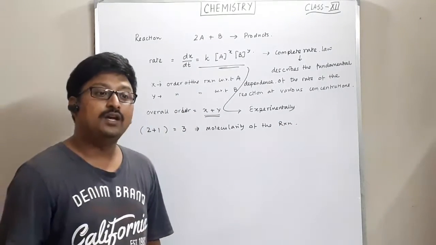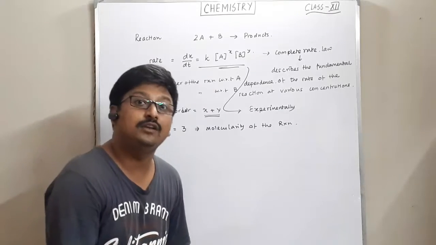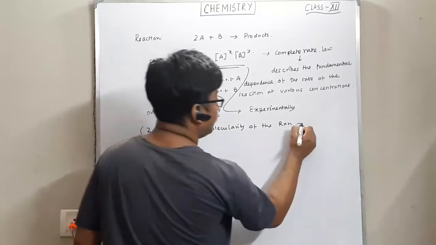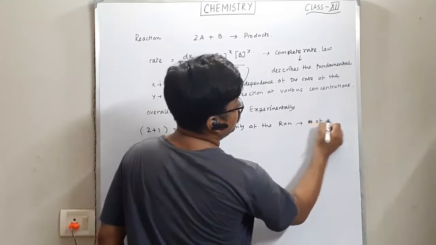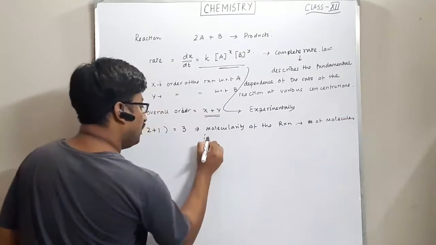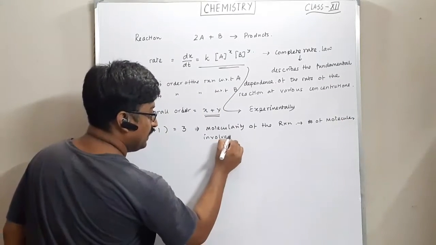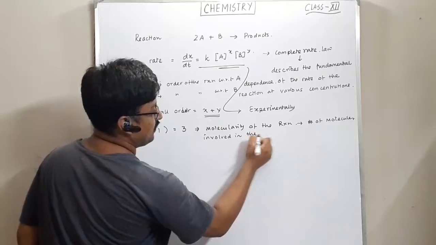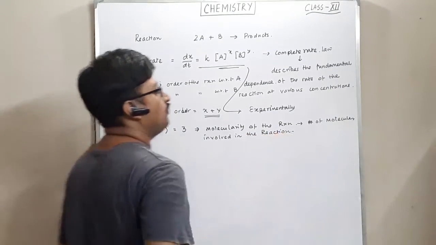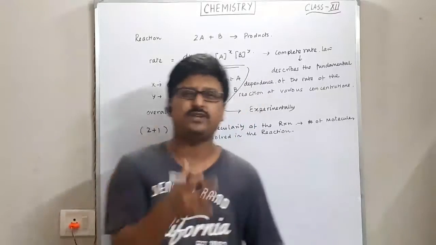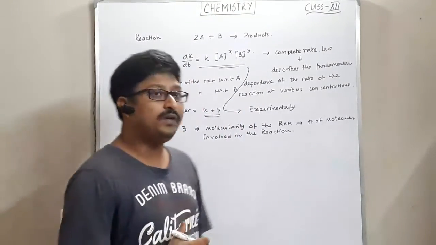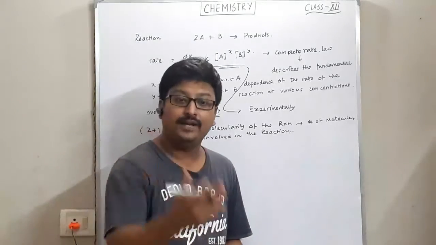Molecularity is the number of molecules involved in the reaction. This is a very straightforward thing. But this molecularity you can determine theoretically.